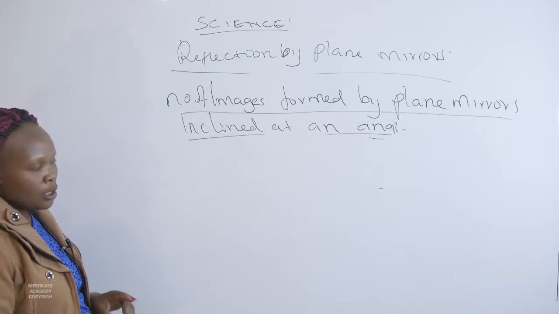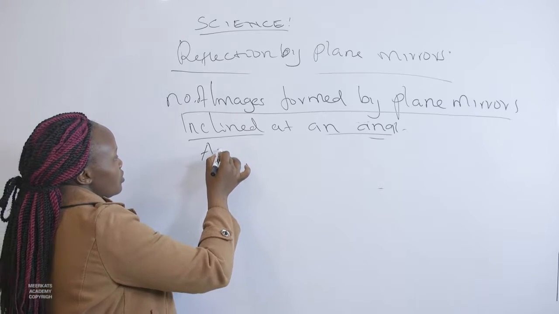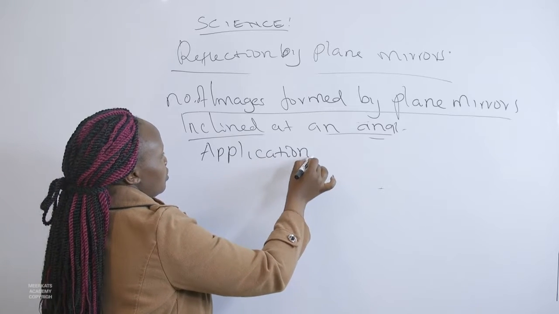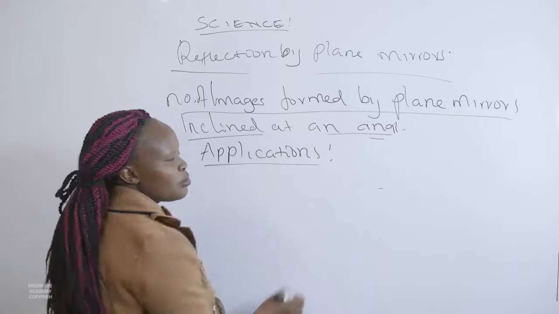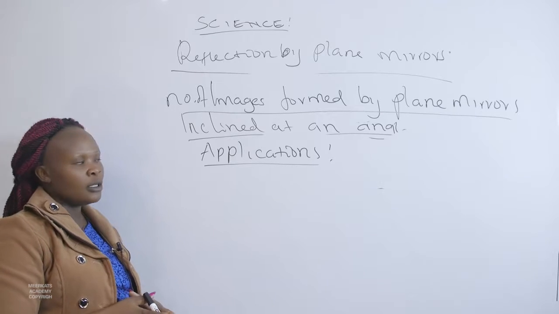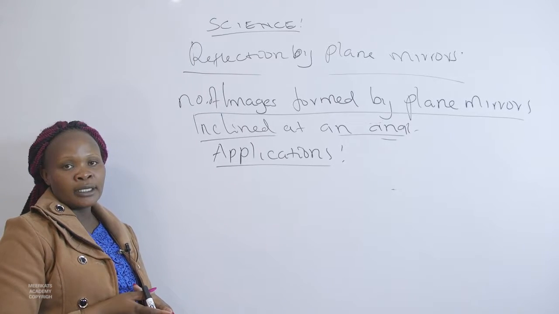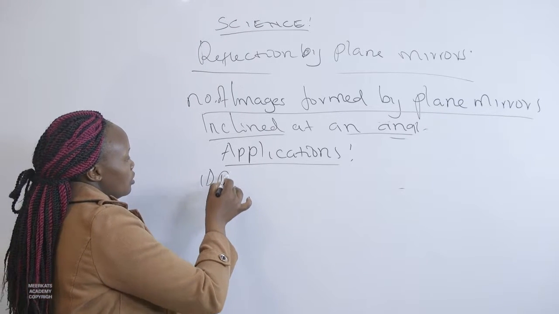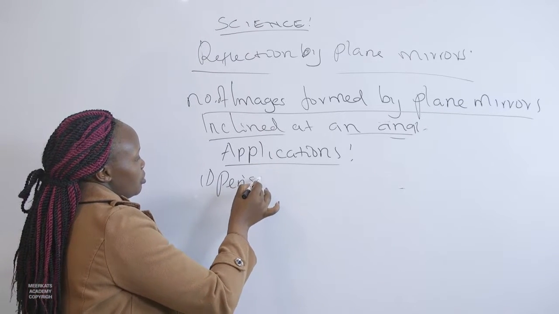Now, we have some applications of these multiple images that we form using a plane mirror, and one of them is what we call a periscope.